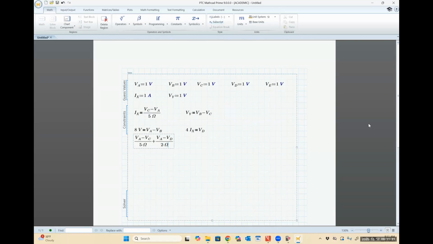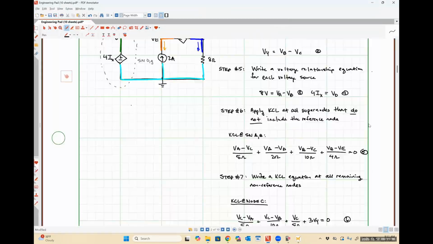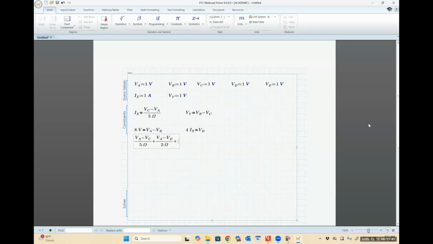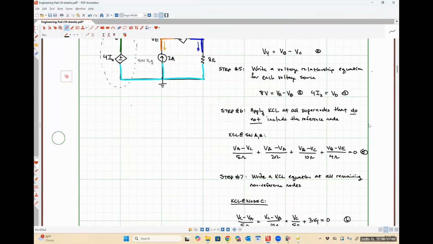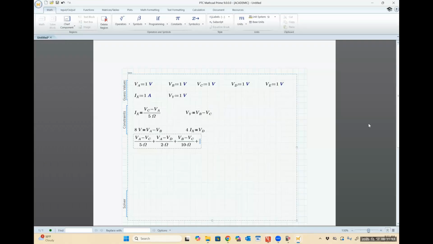And by the way, if anybody has any questions about what I'm typing or wants me to slow down or anything, just let me know. VB minus VC over 10, and VB minus VE over 4. I'm going to set this equal to 0, and I'm just going to move this down a smidge.